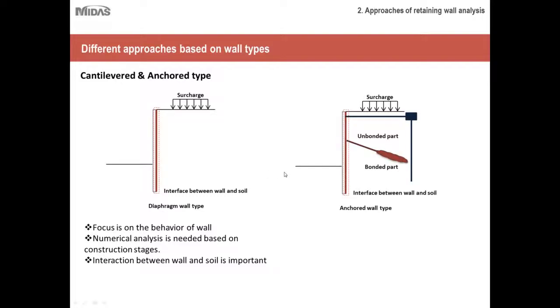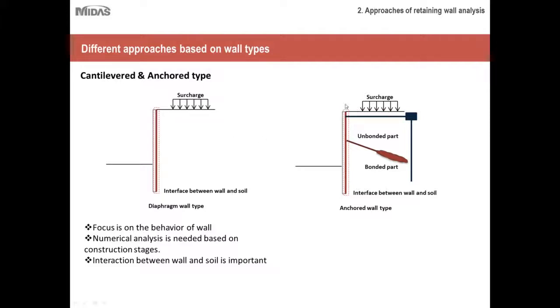Then when you're designing the anchor type of wall, it is largely the anchor bolts that are taking the bulk of the force and stabilizing the structure. As you can make out, if our cantilevered wall is not sufficient, maybe section limitations are there, maybe size limitations are there, maybe depth limitations are there.